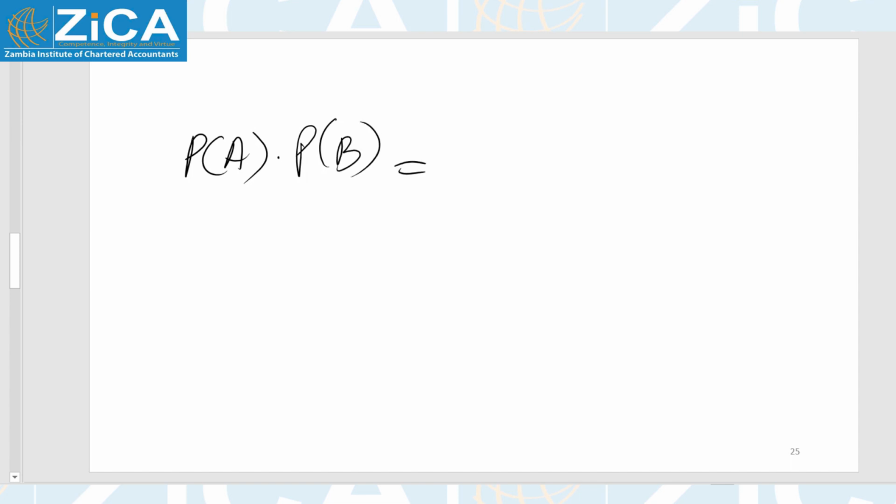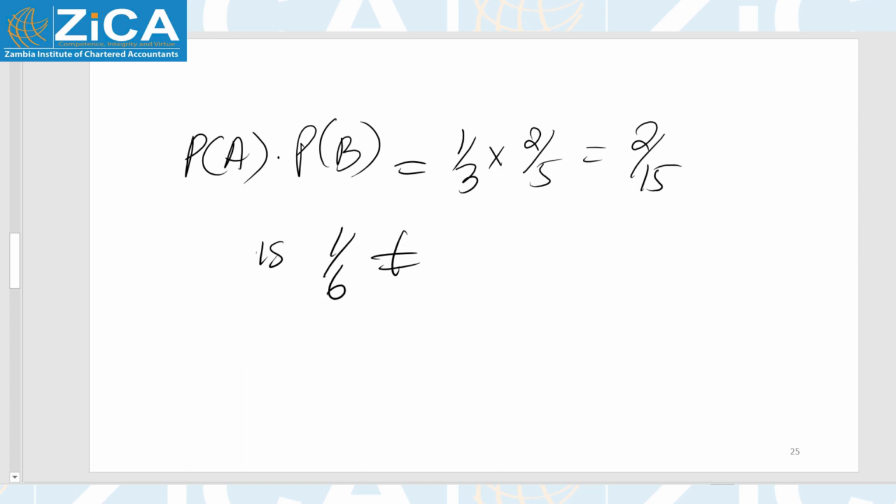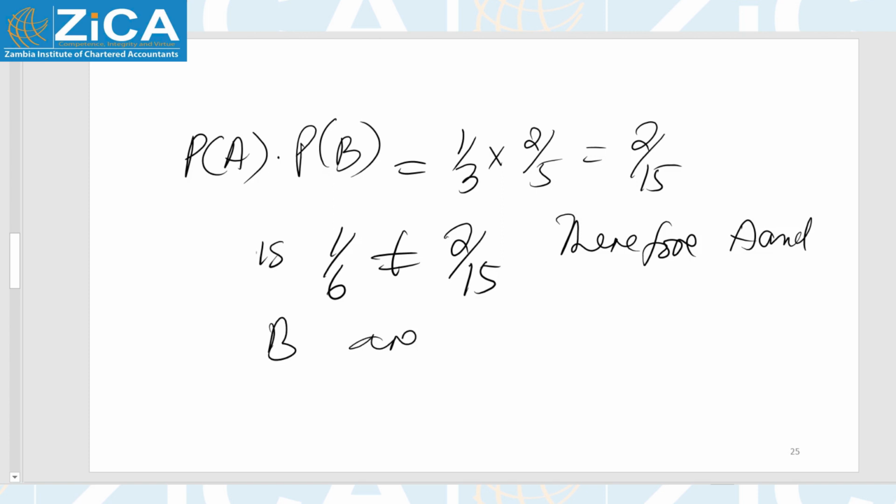Probability of A is given as 1 over 3, times probability of B, which is 2 over 5, and this will give us 2 over 15. Now, the only question is, is 1 over 6 equal to 2 over 15? No, 1 over 6 is not equal to 2 over 15. Therefore, A and B are not independent. That is how you answer the question.